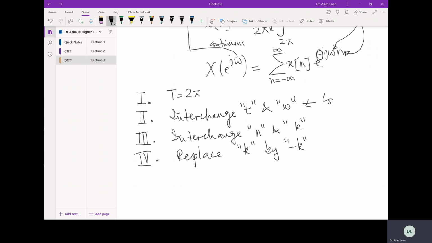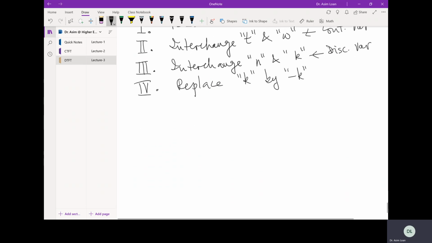So continuous variables, discrete variables, and then replace, just like we did omega by minus omega, replace k by minus k.